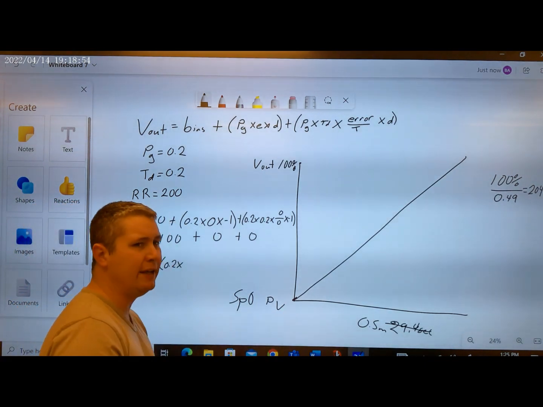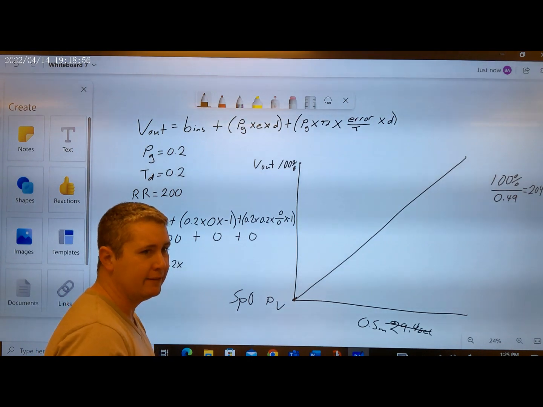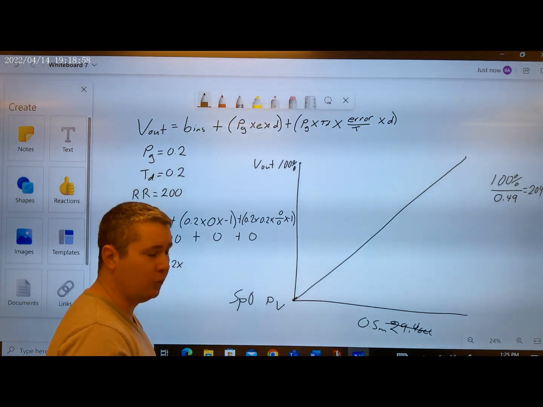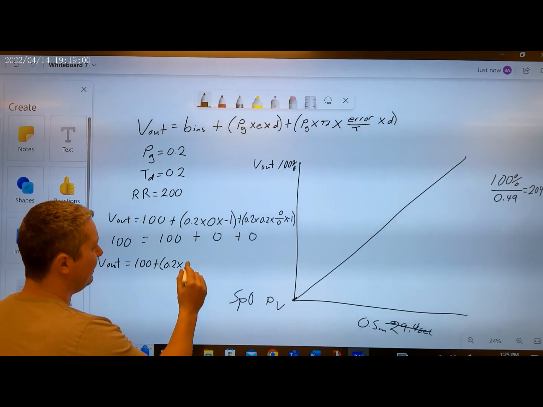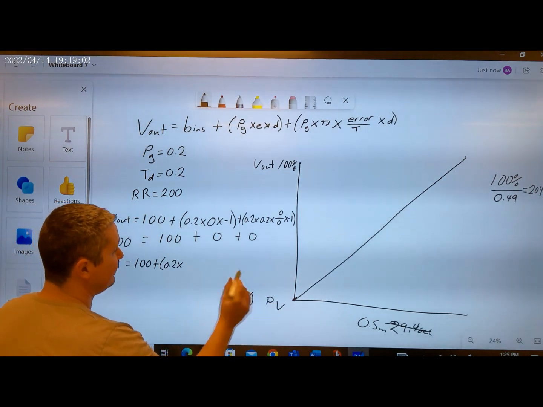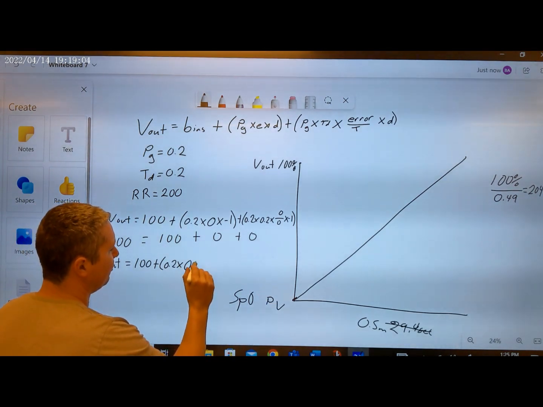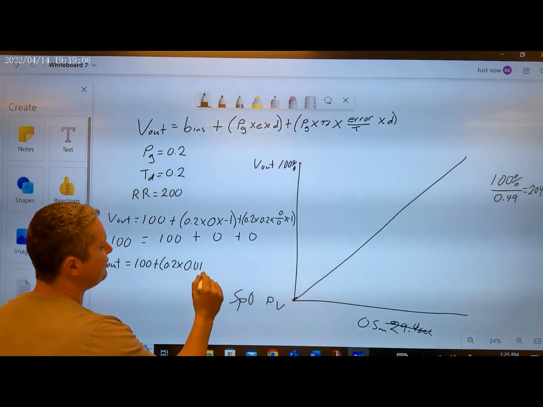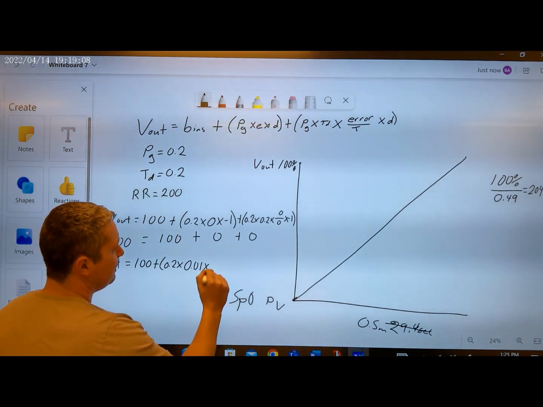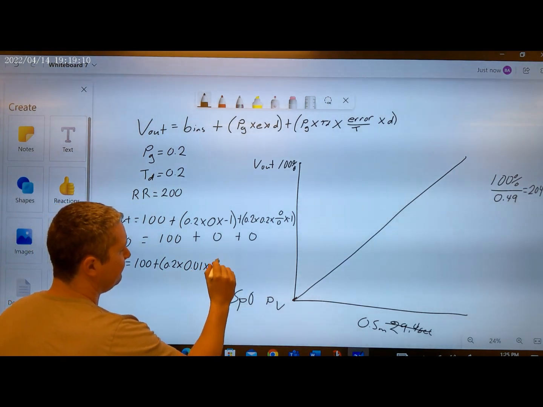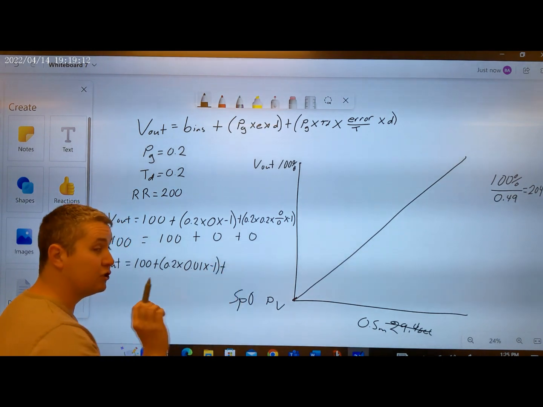Well, at 0.1, our error is still essentially 0, like 0.01. Essentially nothing. Times minus 1, plus, now here's our derivative.